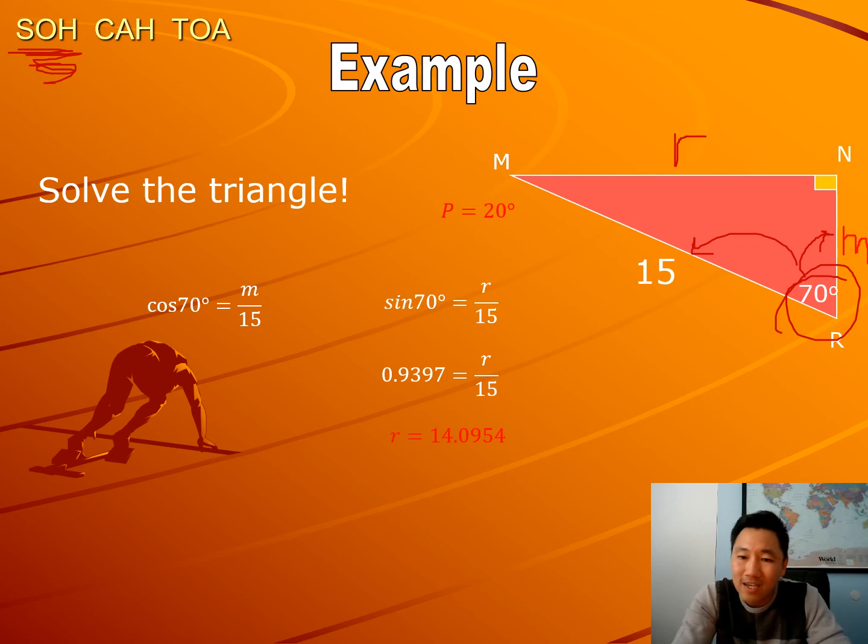It is cosine. It's adjacent over hypotenuse. Punch it into your calculator, multiply by 15. You have, oh, that's supposed to say M, not R. M is equal to 5.1303.